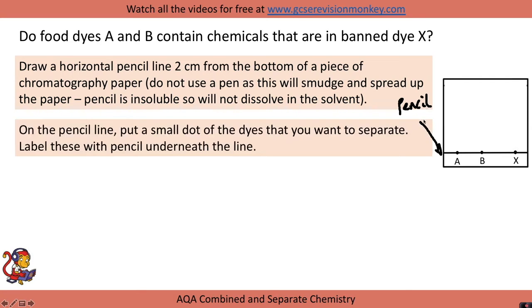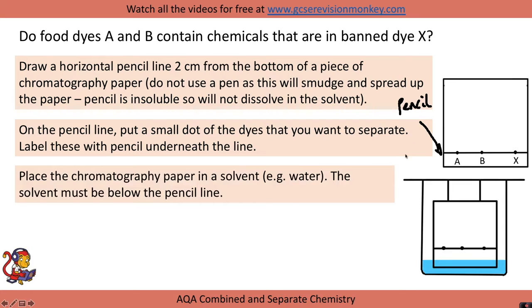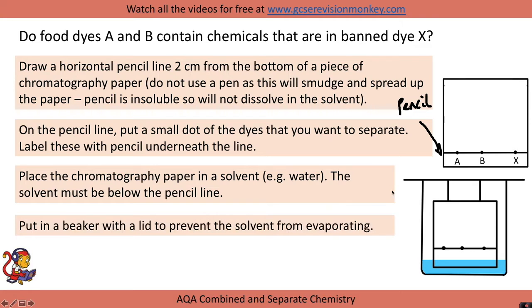On the pencil line, put a small dot of the dyes that you want to separate and label these with pencil underneath. So I've labelled them A, B and X. Place the chromatography paper in a solvent, for example water. The solvent must be below the pencil line. Put it in a beaker with a lid to prevent the solvent from evaporating.